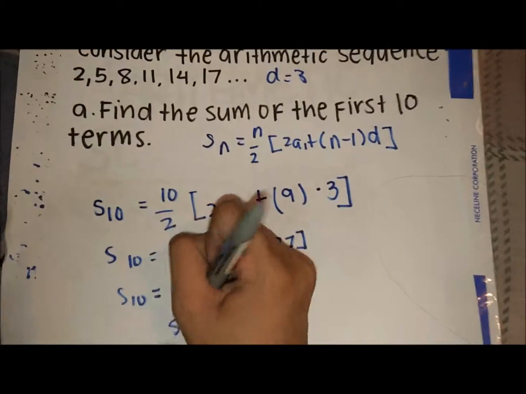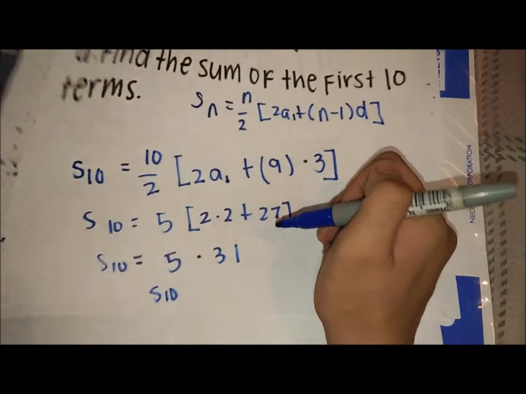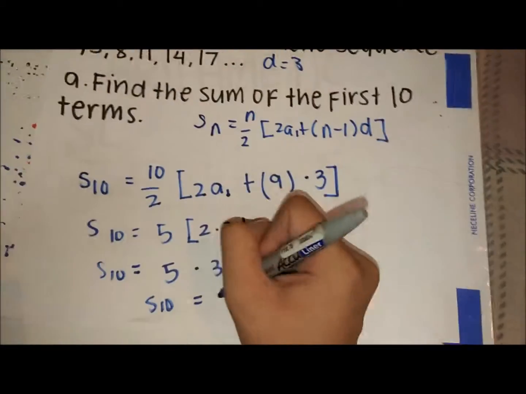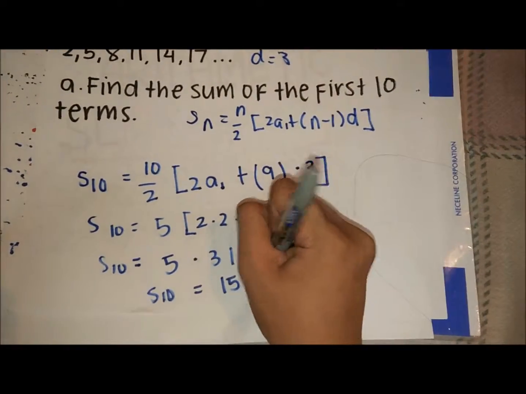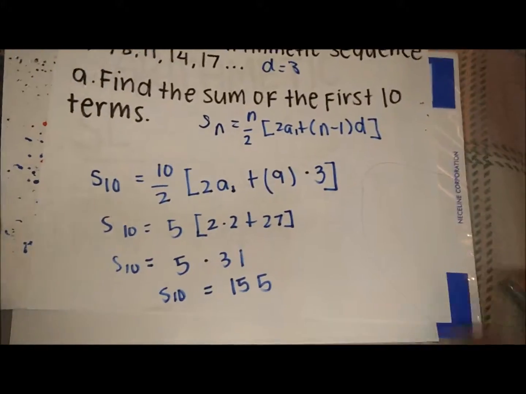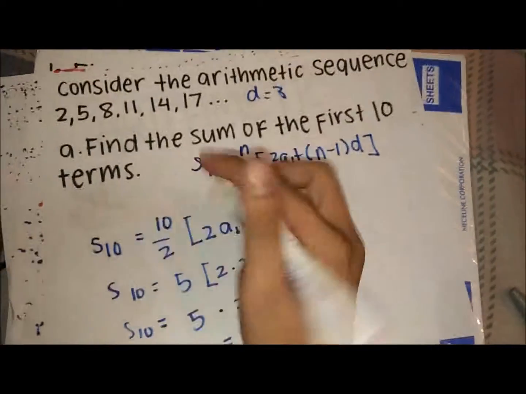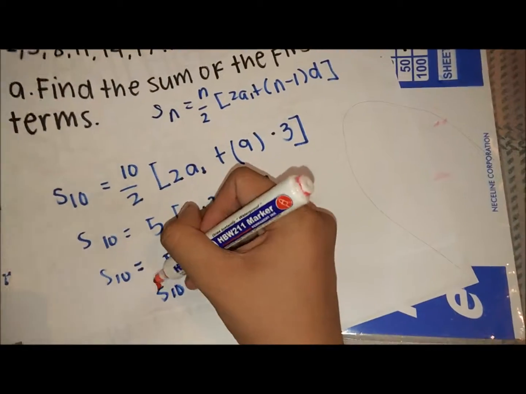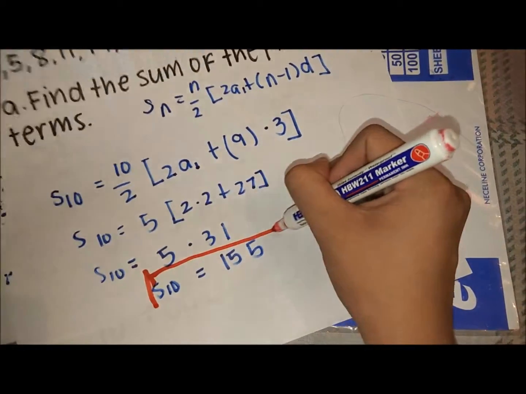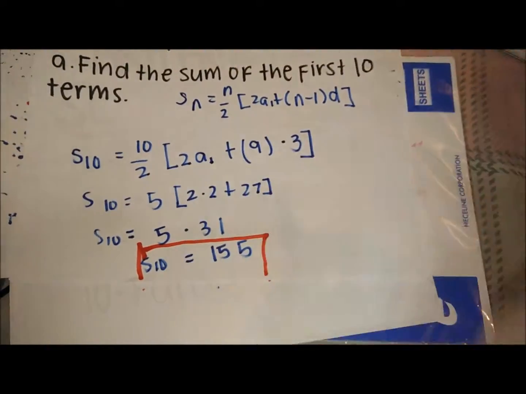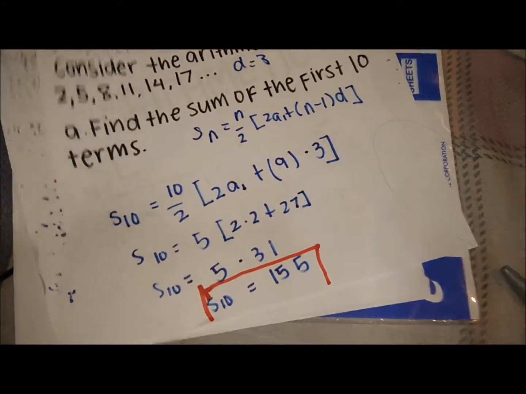So our S sub 10, or the sum of the first 10 terms, is equal to 155. So yeah, that was the easy part.